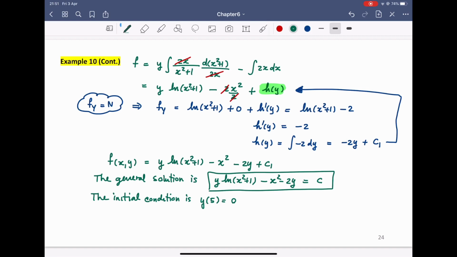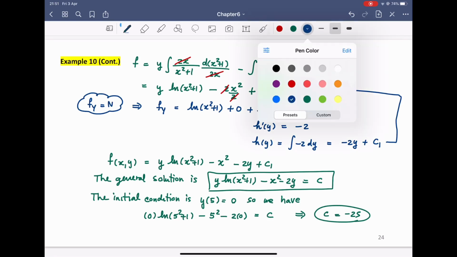So we have, well, when x equal to 5, y equal to 0. So 0 times logarithm of 5 squared plus 1 minus 5 squared minus 2 times 0, and this is equal to c. So the constant c is equal to negative 25.